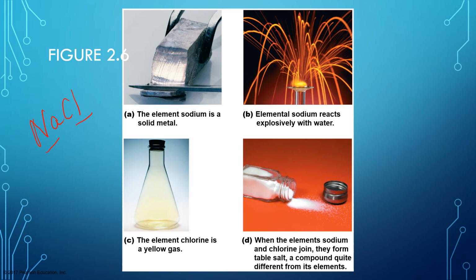You don't go hiking and find a hunk of sodium lying on the ground. It would always react with water or even sometimes air. So it's a very reactive metal. Then you have chlorine, which is a poisonous gas. But when we combine them, we form good old table salt that is not an explosive metal or a poisonous gas. So the compound that's formed from the combination of those two elements has completely separate characteristics than the original elements do.